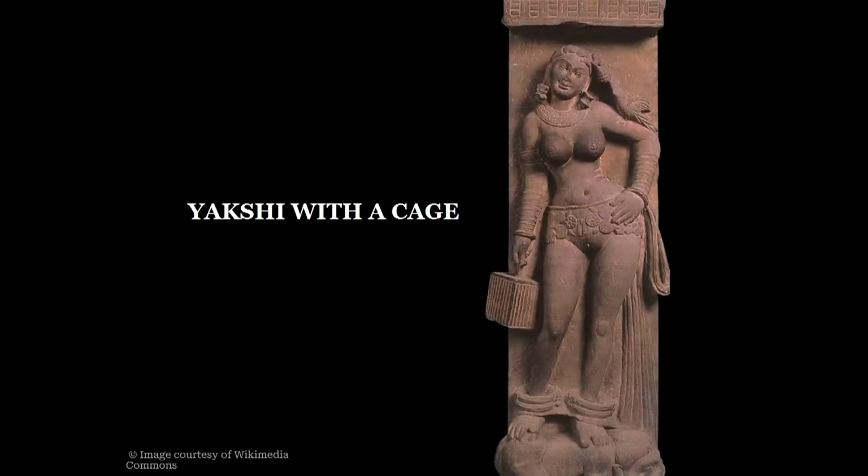Welcome back, learners. Now we will look into the next example, that is Yakshi with a cage. During the Kushana period, many female figures were found, which were designated as Yakshi figures.